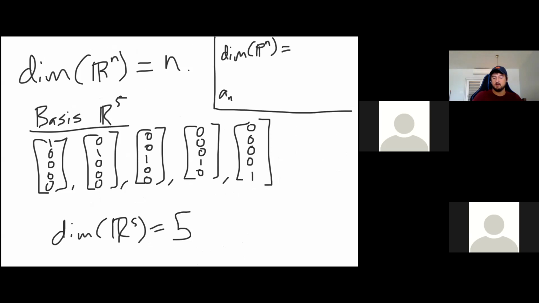So that an x to the n plus an minus 1 x to the n minus 1. Let's see if I can get it all here. I kind of fit it in.